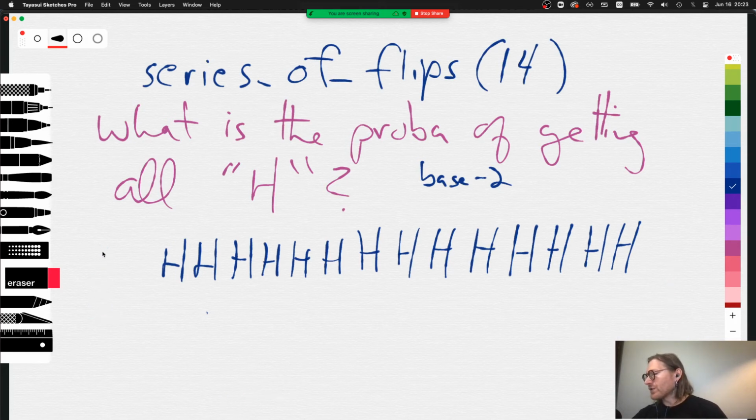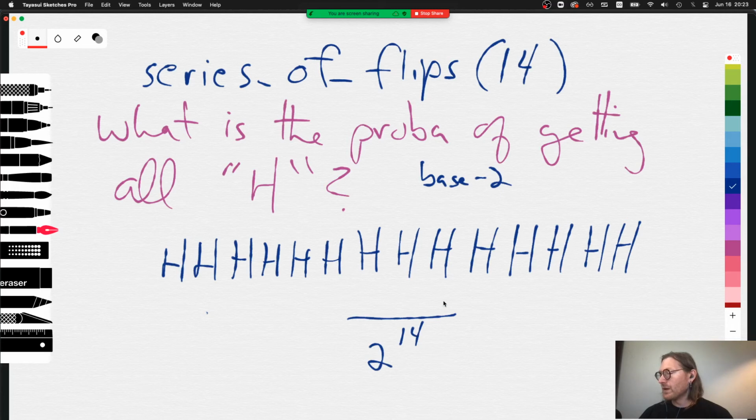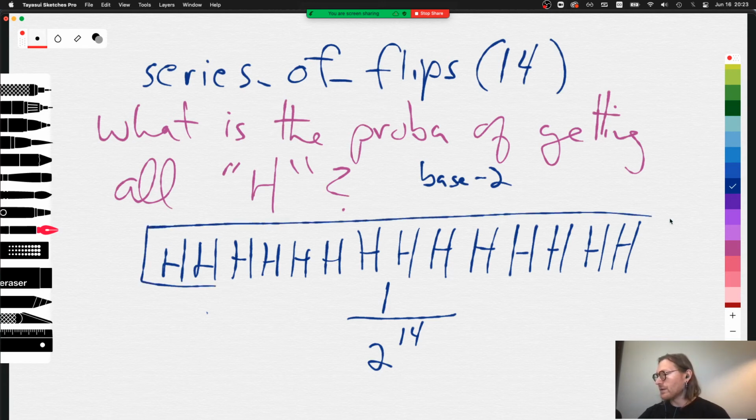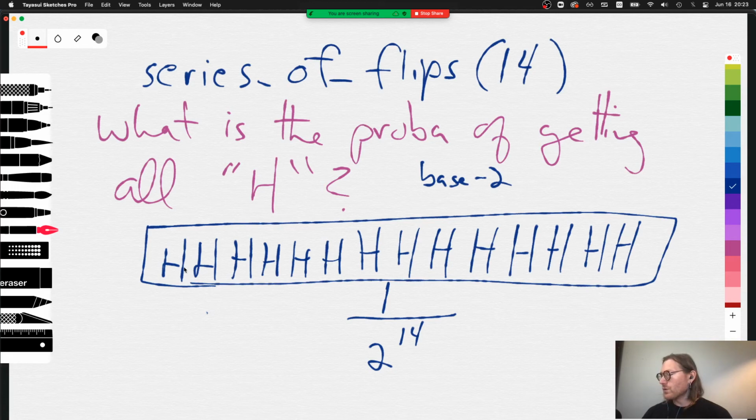So to answer this question, we don't actually need to do any counting. There are 2 to the 14th possibilities, and one of those is this all heads that we're seeing here. So this is 1 out of 2 to the 14th. Pretty straightforward.